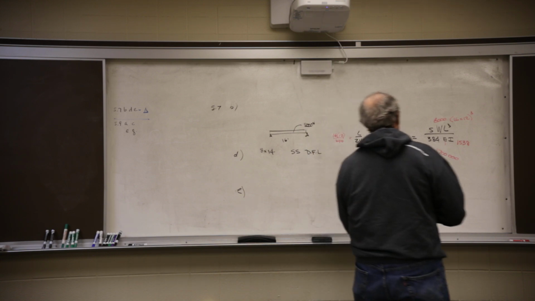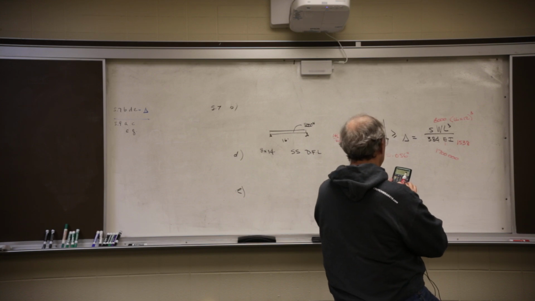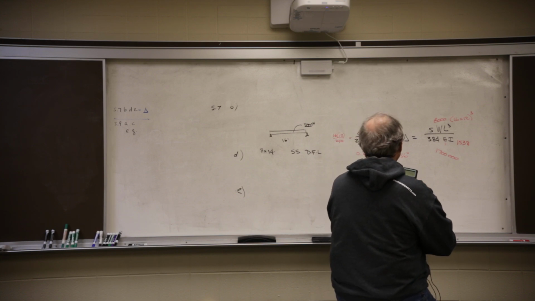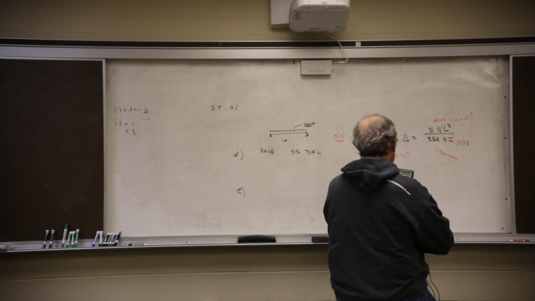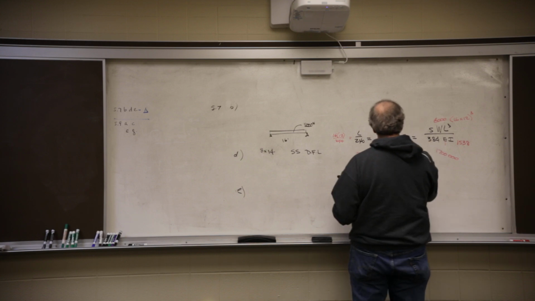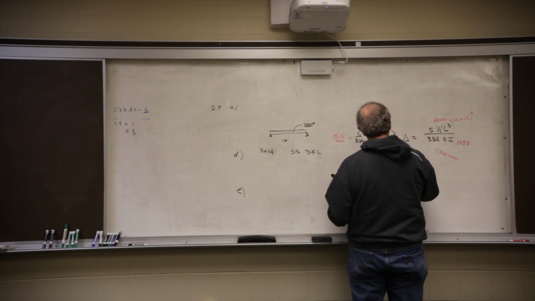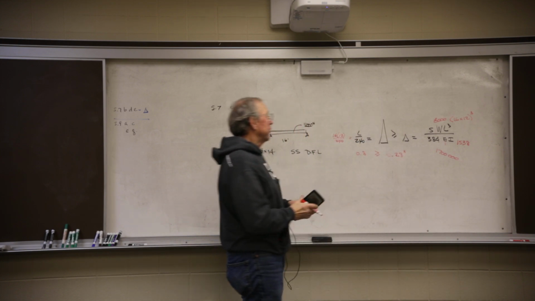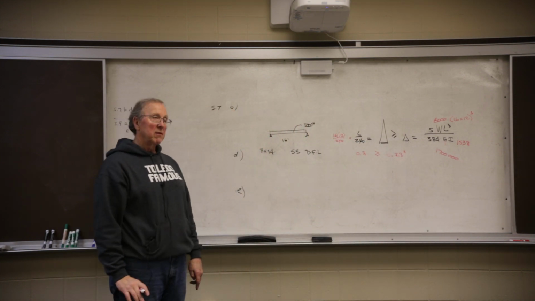I think I did something wrong here. 5 times 8,000 times 16 times 12 cubed, divided by 384, divided by 1,000,007, divided by 1538. Yes, I did. 0.28. Is that a true statement? Yes, it is. I'm done.